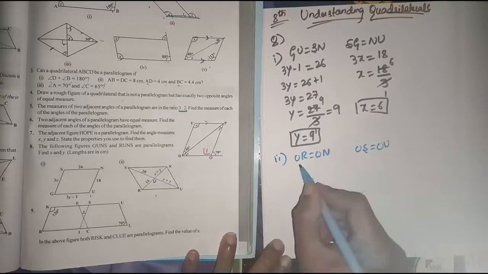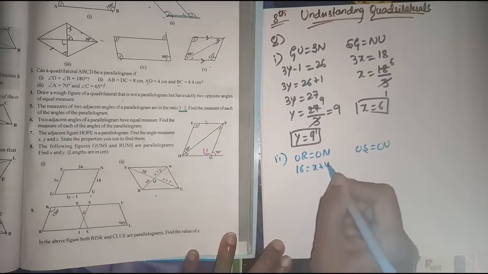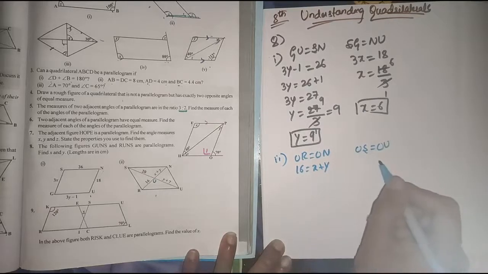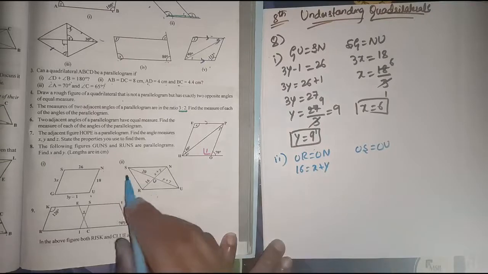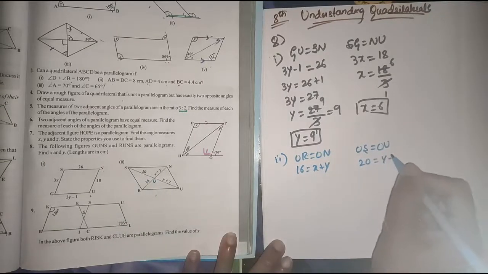Here OR is 16, equals x plus y. Here we have two unknown values, so we will find one of them first. SU is 20, so OU is y plus 7.